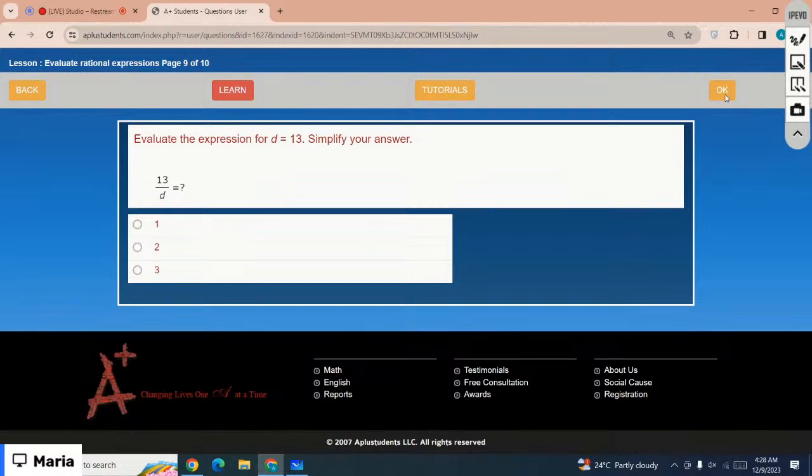So, which is the correct option? Yes, the correct option is 1.